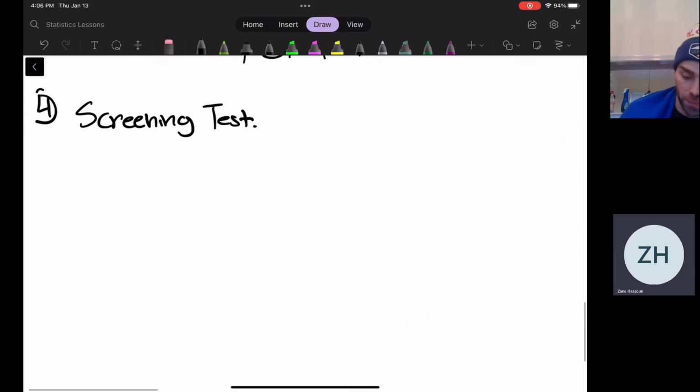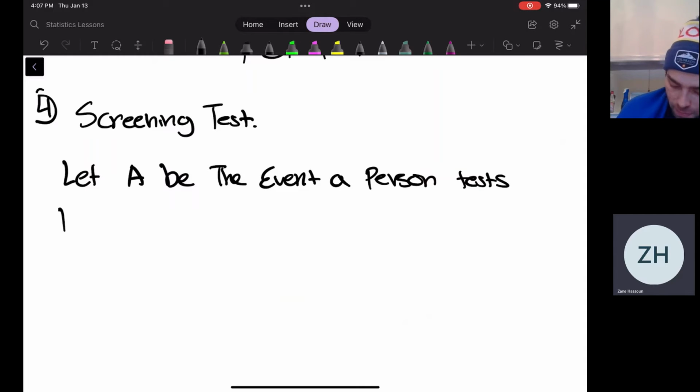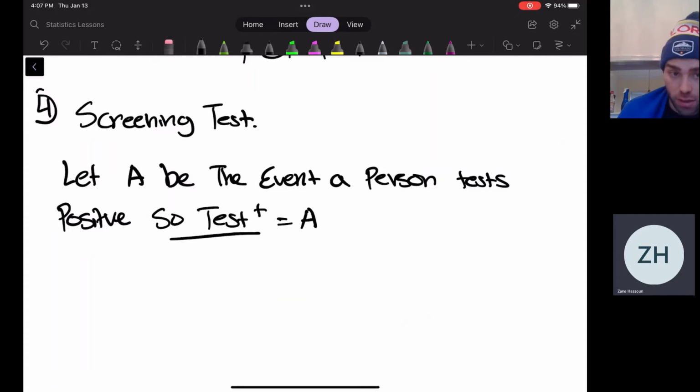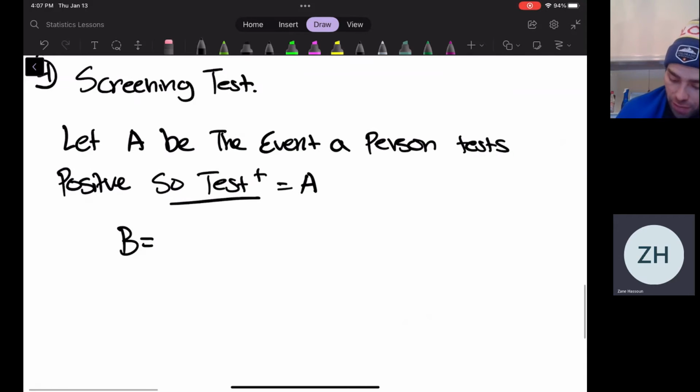So for example, let's let A be the event a person tests positive. So test plus equals A. And we'll say B equals they actually have the disease.